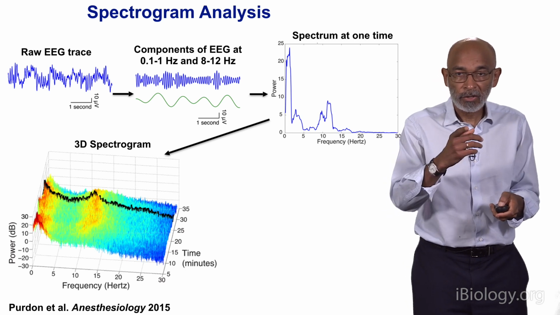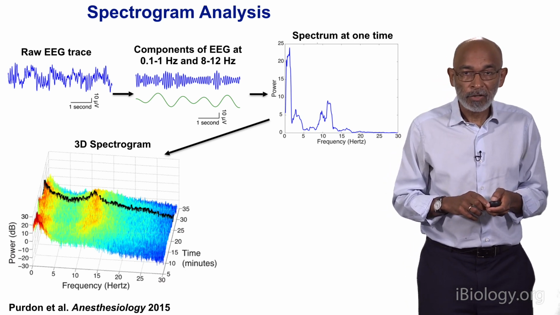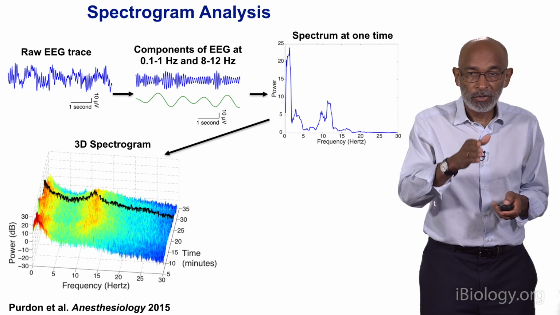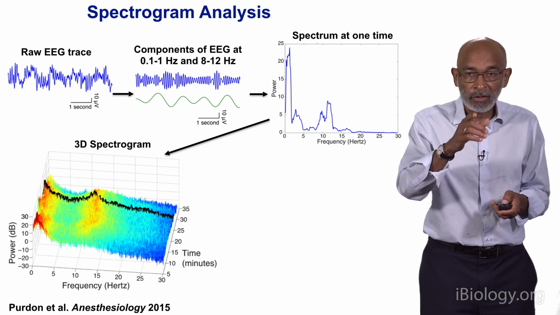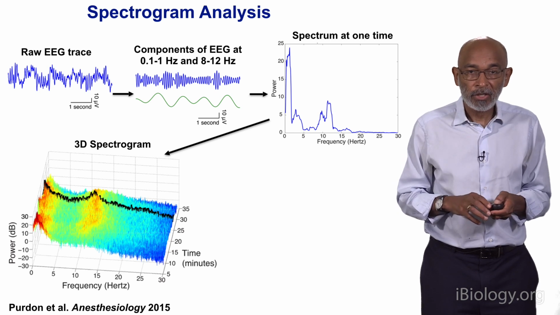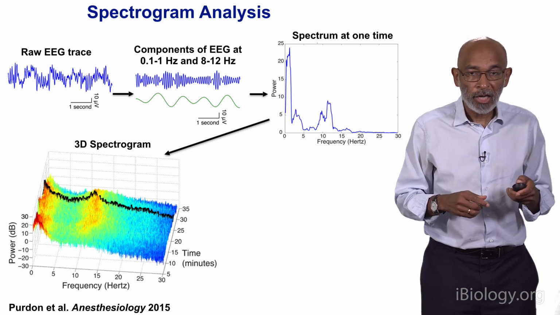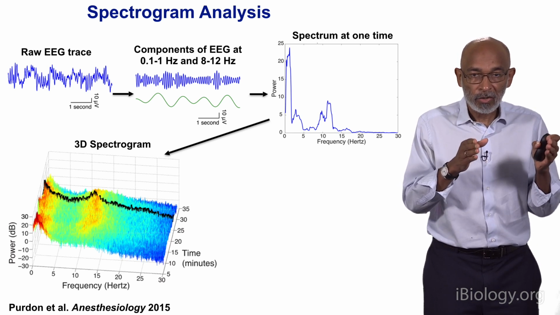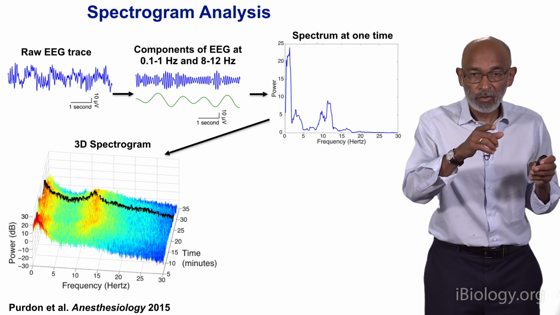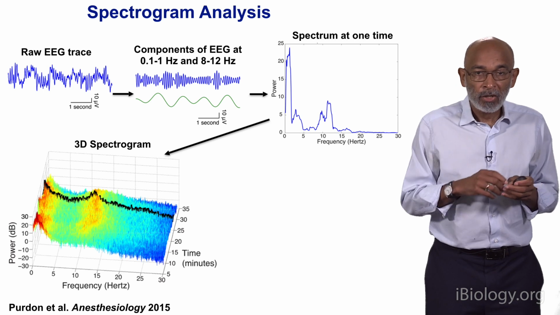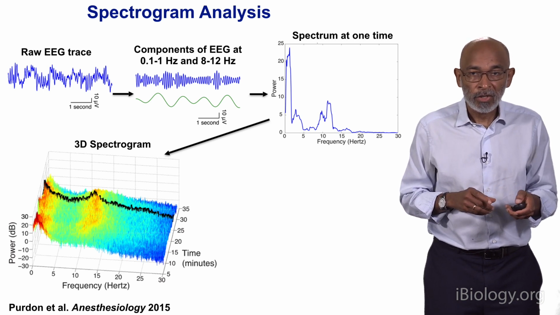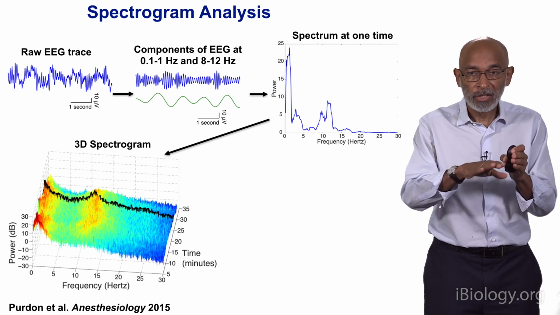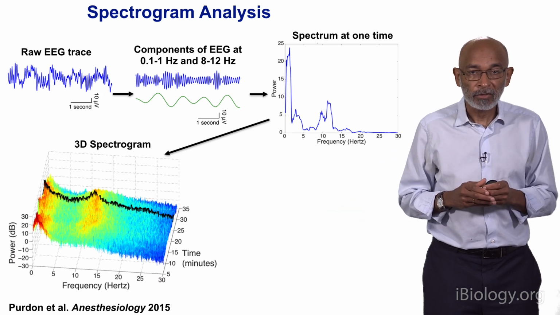So if we go back here to the spectrum up in the second figure there, you see there's a large low frequency component, a large 1 Hertz component there, and there's a large but not as large 10 Hertz component. And so as we took successive 10-second segments, and we made the spectrogram here, this is what it looks like in 3 dimensions. So you see you have a mountain range to the left, a valley, another mountain range, and then it's like the ocean out beyond, right?